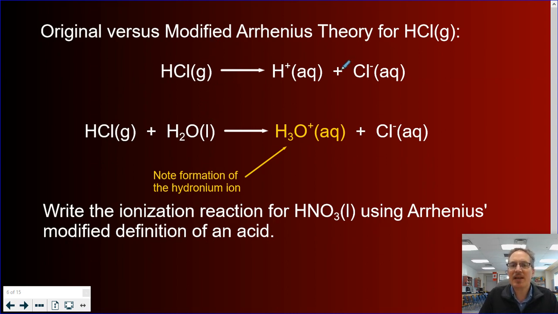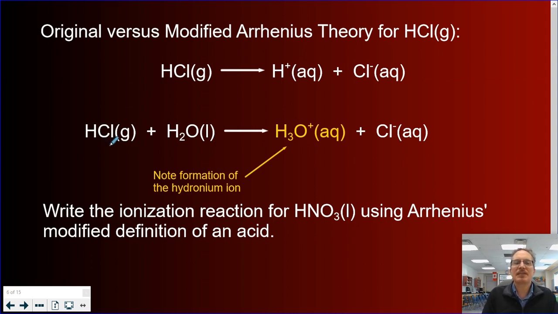So here is Arrhenius's original, where we said, hey, HCl or an acid is going to ionize into hydrogen ions and chloride ions. And that works well when we're in a beginning step. However, I think we've written lots of ionization reactions or dissociation reactions, and I feel we're ready for Arrhenius's modified definition of an acid.